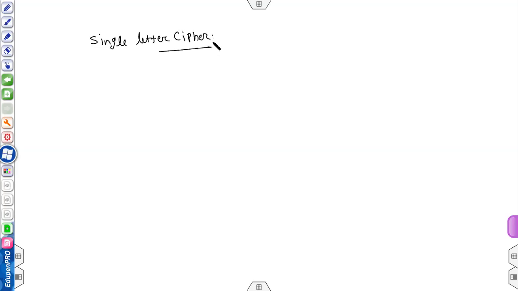What it means is that each letter, say in "hello", will be replaced with some other letter with logic. Say in the Caesar cipher case, H plus 3, so you can tell which letter will replace H, similarly which letter will replace E, L, L and O. So this is the single letter cipher.